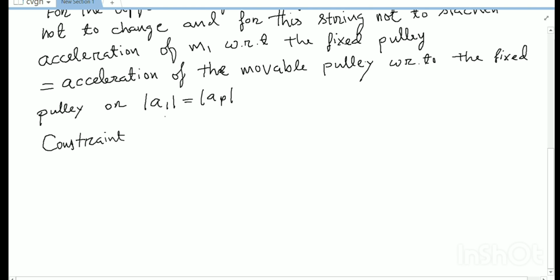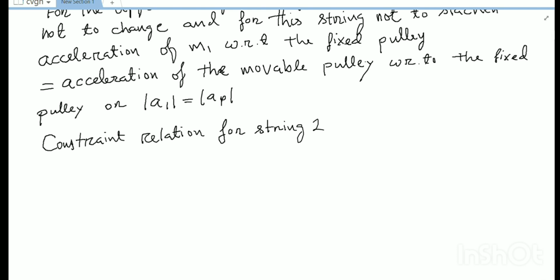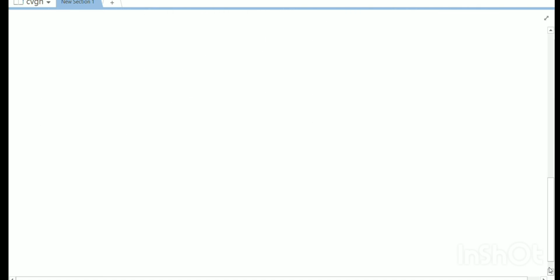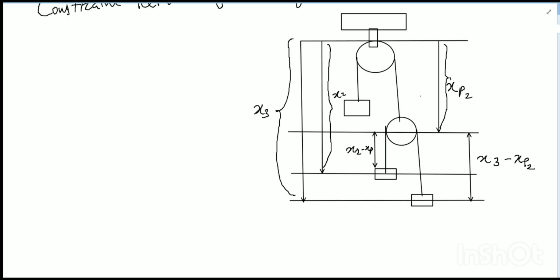Let us assume block M1 is moving up with acceleration A1, and blocks M2 and M3 are moving down with accelerations A2 and A3 respectively with respect to the ground. The total length of string 2 is constant. You see the diagram.